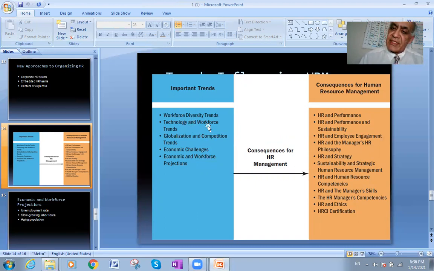Technology and workforce, the rapid pace of technology, all of which today affect human resource management performance. These things are variables that affect the performance of human resources, and that necessitate a new role for human resource management. So, workforce diversity, technology, and workforce.